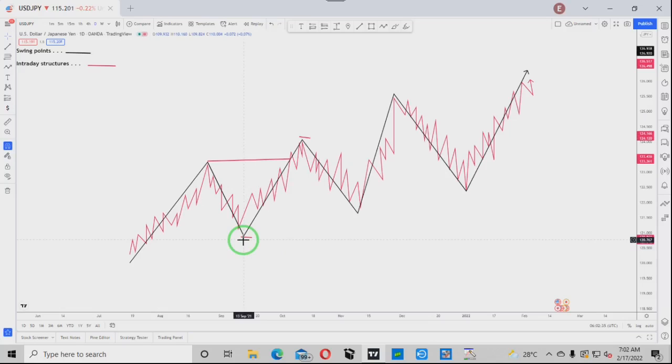Now I am saying your external range liquidity is the liquidity that lies above and below, outside of your trading range. I'll say that again. External range liquidity is the liquidity that resides outside of your trading range.